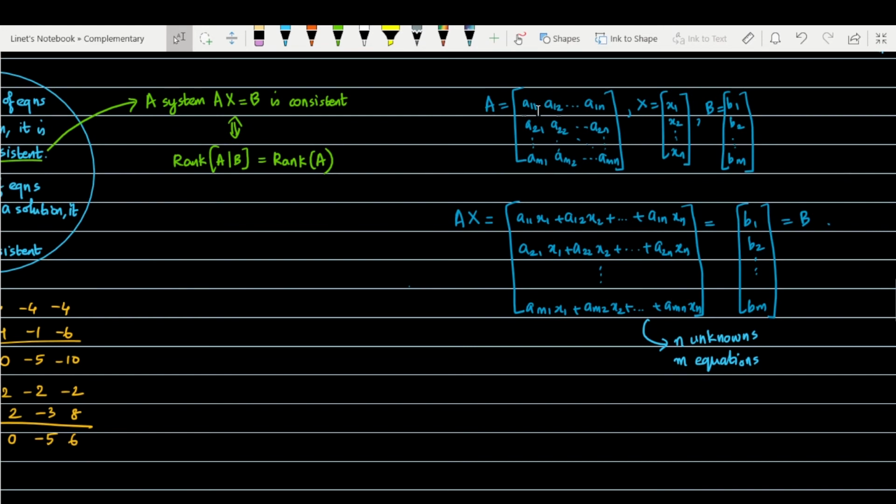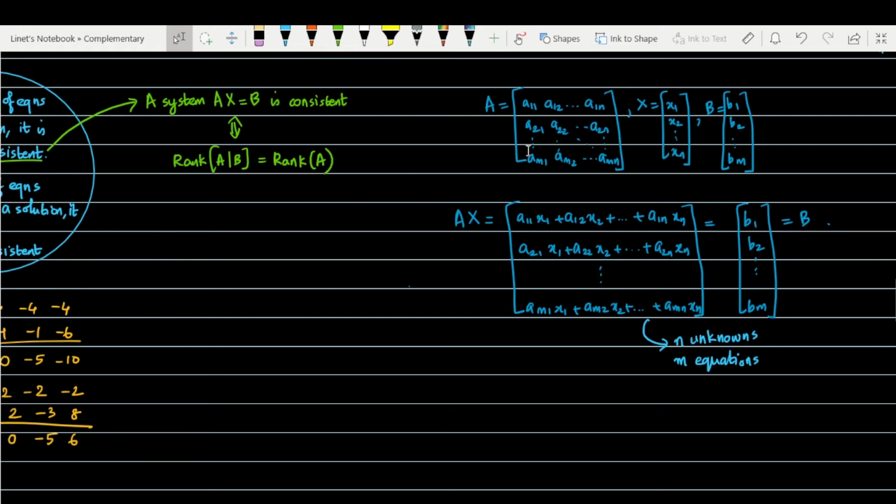I hope the system Ax equals B is not confusing for you. If A is the m by n matrix sitting here, and x is the column vector x1, x2, etc. up to xn, and B is the column vector b1, b2, etc. up to bm, then Ax is a system of equations having n unknowns x1, x2, ..., xn and m equations, and that is equal to B, meaning each equation is simultaneously equal to b1, b2, etc. up to bm.